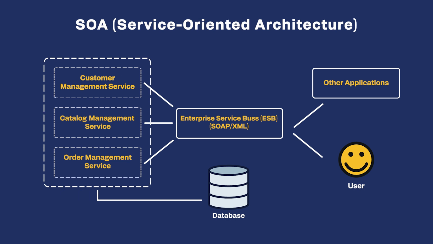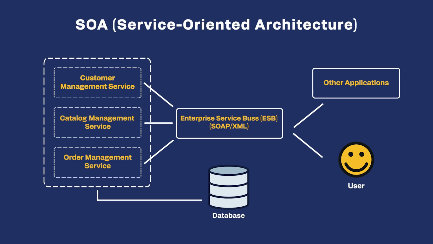Instead of services talking directly to each other, communication usually goes through a central component called an enterprise service bus, or ESB. The ESB handles routing, transformation, and communication using standards like SOAP and XML. The main goal of SOA was to allow different systems, including external applications, to reuse and interact with services in a standardized way.